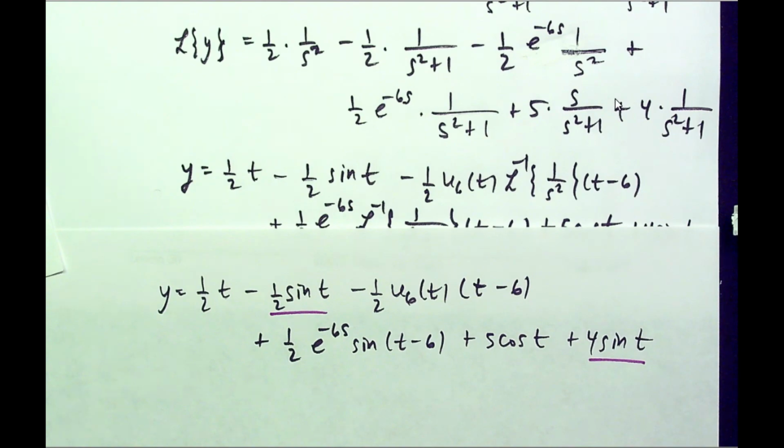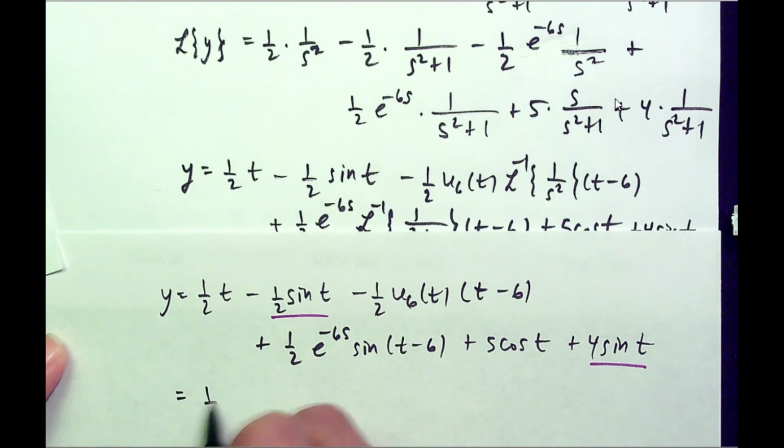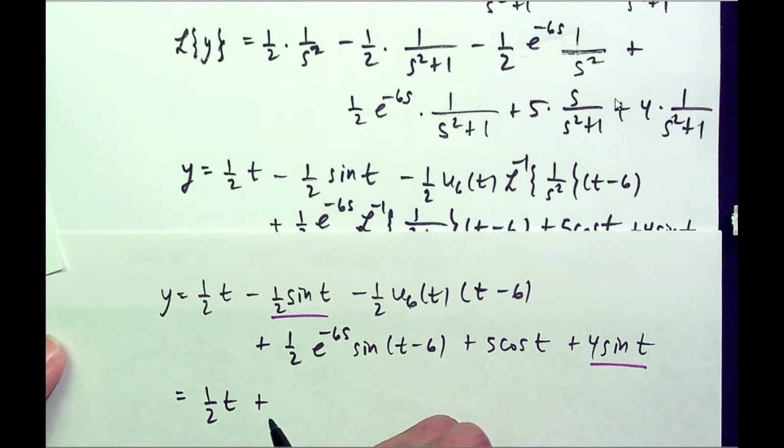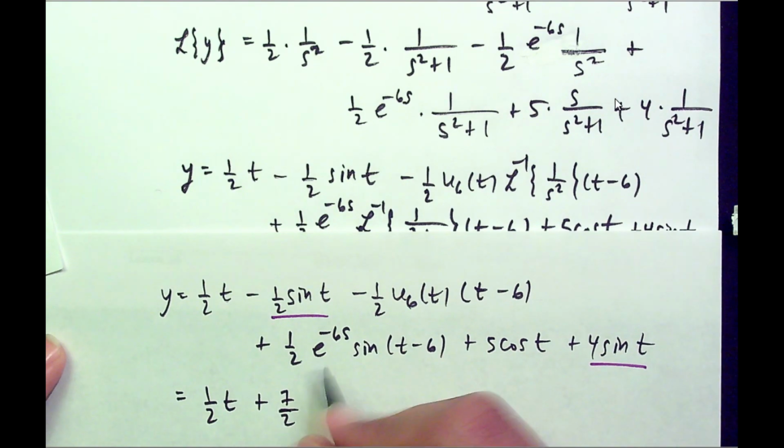So the final answer would be 1 half t. 4 minus a half would be 7 halves. 4 minus a half is 7 halves.